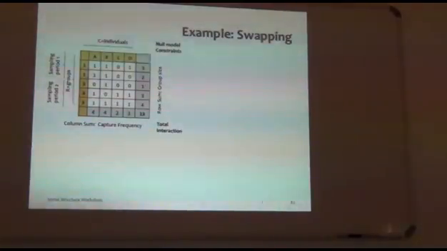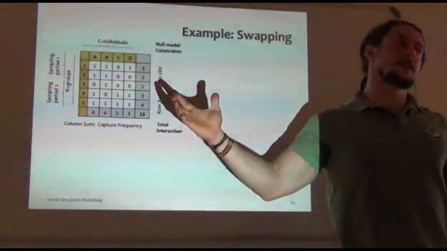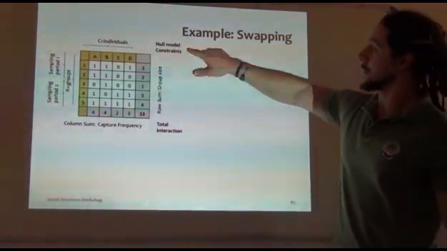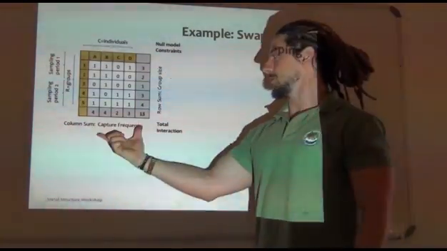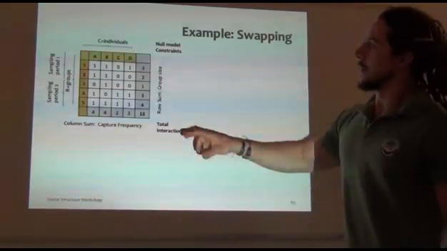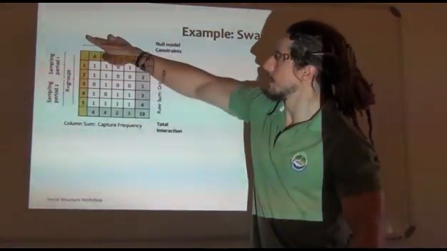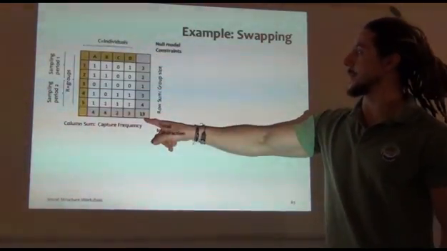Okay, so I'll give you some examples of how this works. You know this already, probably. This works exactly the same as the permutations we were seeing yesterday. We're going to constrain row sums, which is group size in our case, and column sums, which is capture frequency. We have two different periods of time here, individuals in the columns, groups in the rows, and the total interactions.